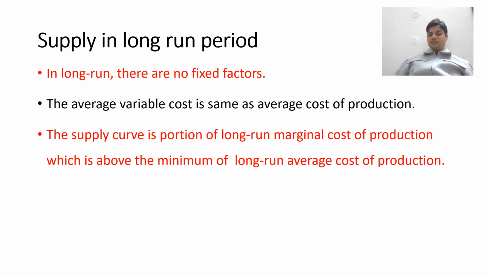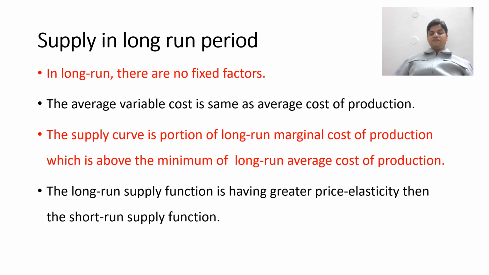So earlier we were saying that the marginal cost portion above the minimum of average variable cost. Now minimum average variable cost is not relevant because there is nothing called fixed factors. So the supply curve starts from the minimum of average cost.